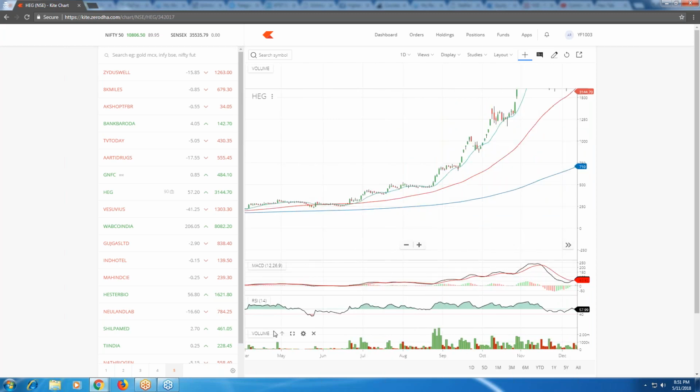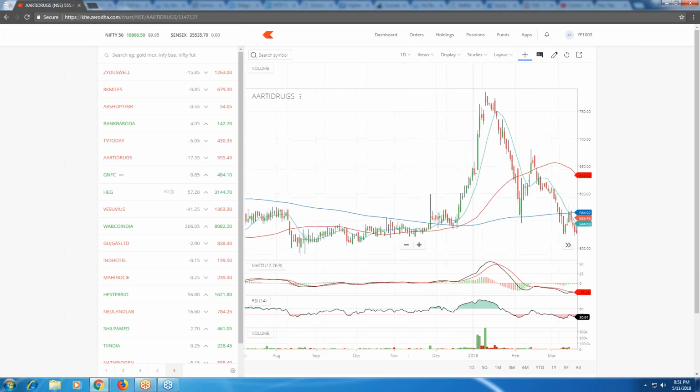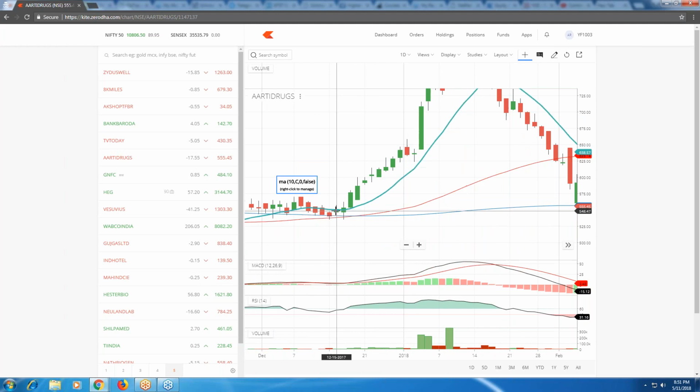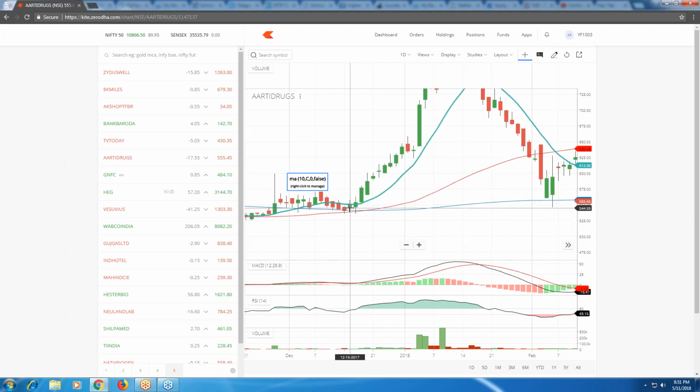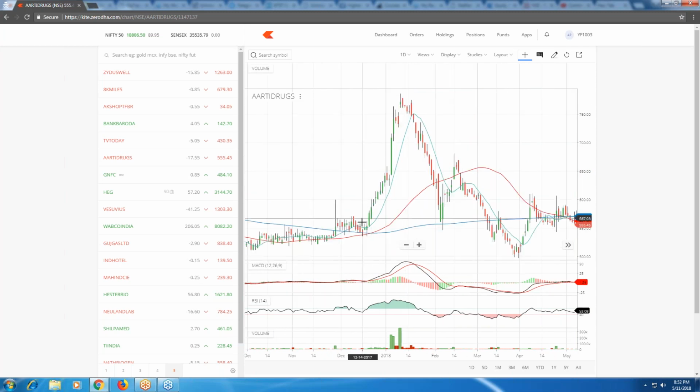I love moving averages. I just look for moving averages, and if it is my choice, I will only trade in moving averages which are taking support. So here it is taking a support. Can you see? Our entry comes at 552, and see where it takes you. It takes you to 780 in a few trading sessions.